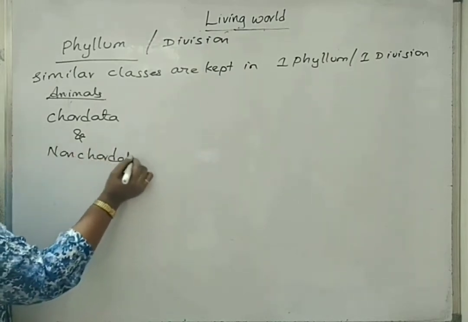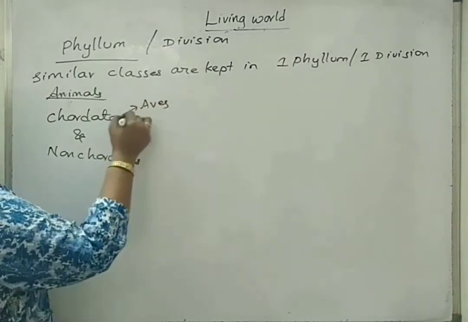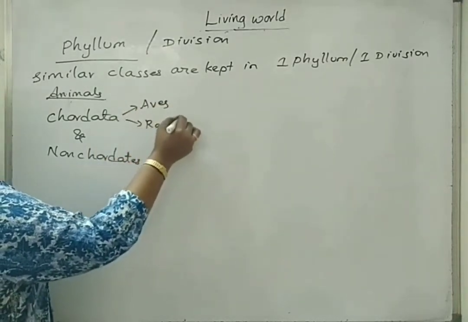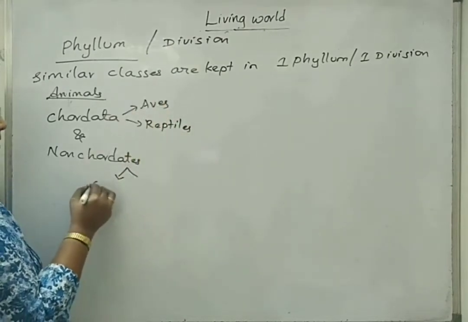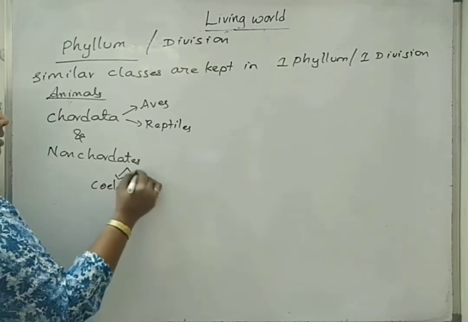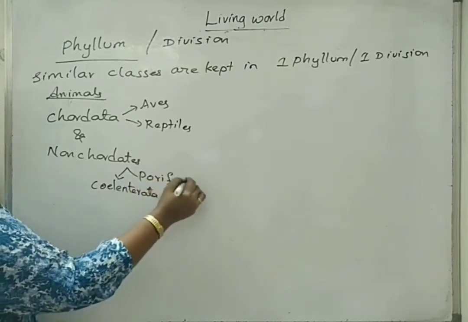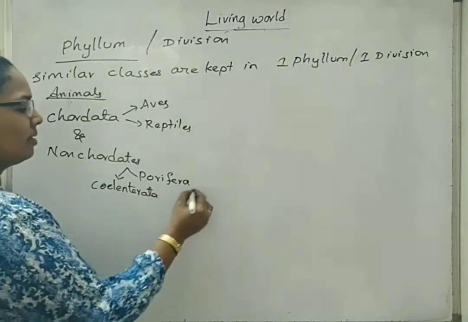Under chordata, we can see few examples like aves, reptiles, etc., which are considered as classes. Under non-chordata, we can take Coelenterata, Porifera, etc., or protozoans.